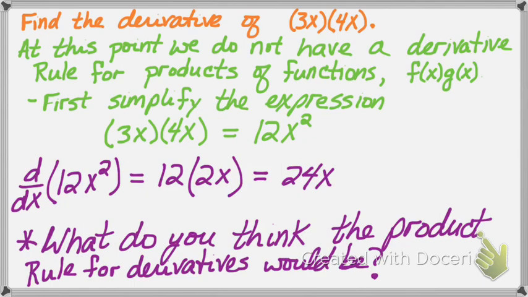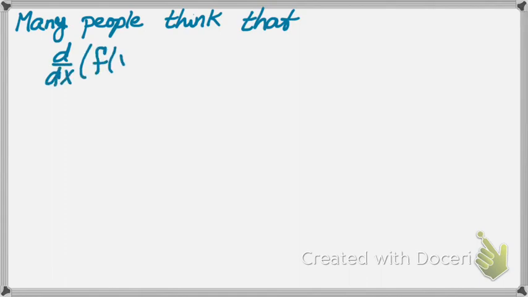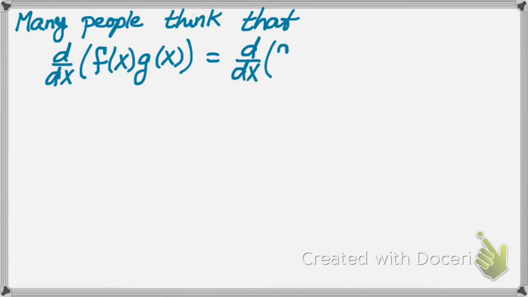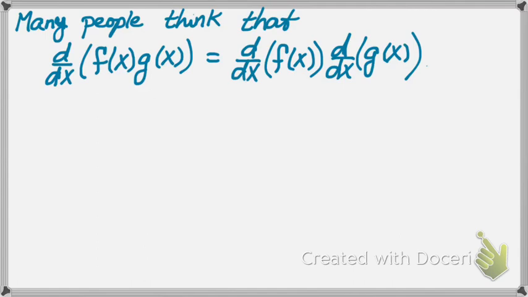So take a moment and write down a guess. Many people would guess that the derivative of a product is equal to the product of the derivatives. So the derivative of f of x times g of x, they would think that it equals the derivative of f of x times the derivative of g of x.